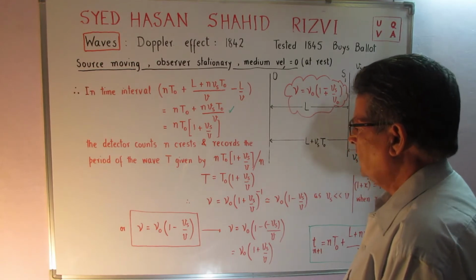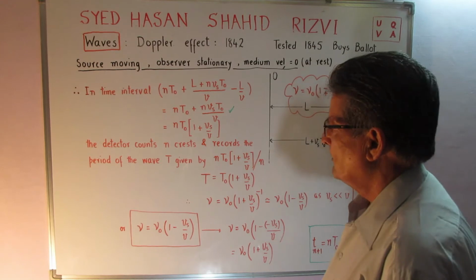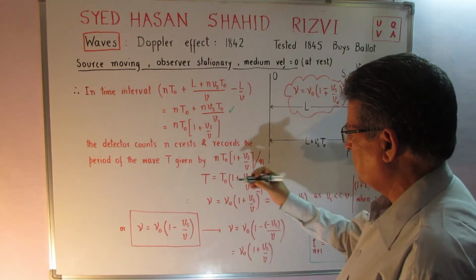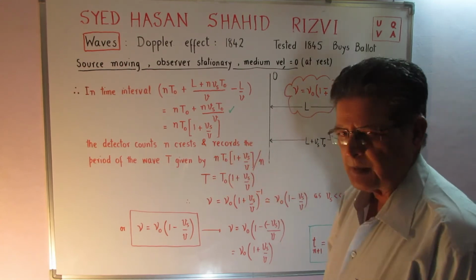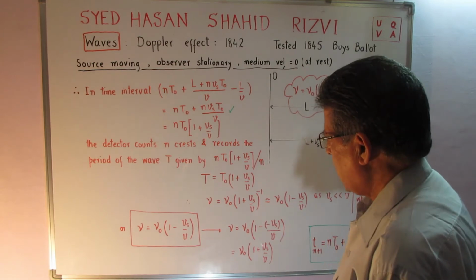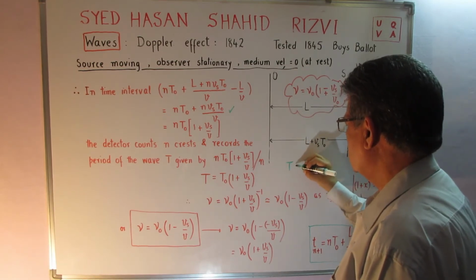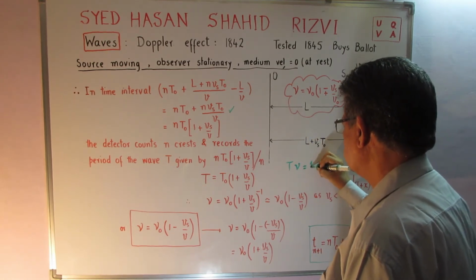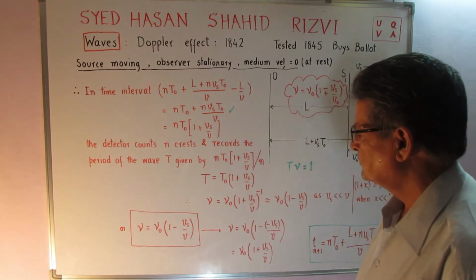So this period which is recorded by the detector turns out to be equal to T is equal to T naught times (1 plus Vs upon v), and because T times nu is equal to 1, or nu is equal to 1 upon T, whatever.